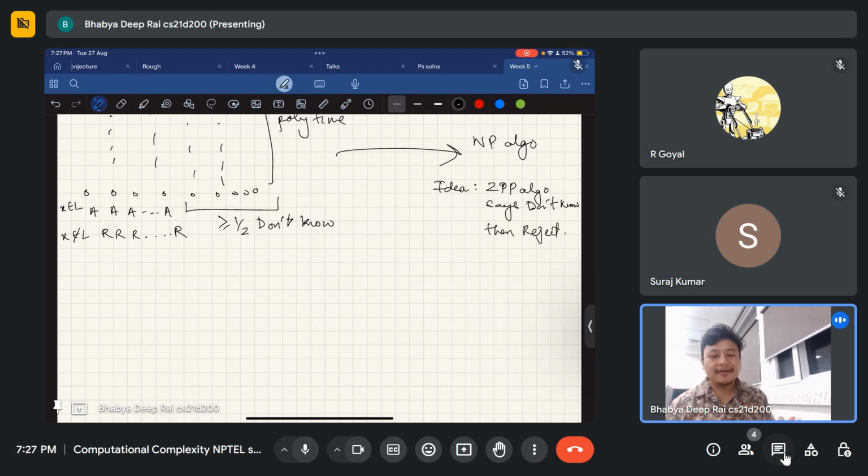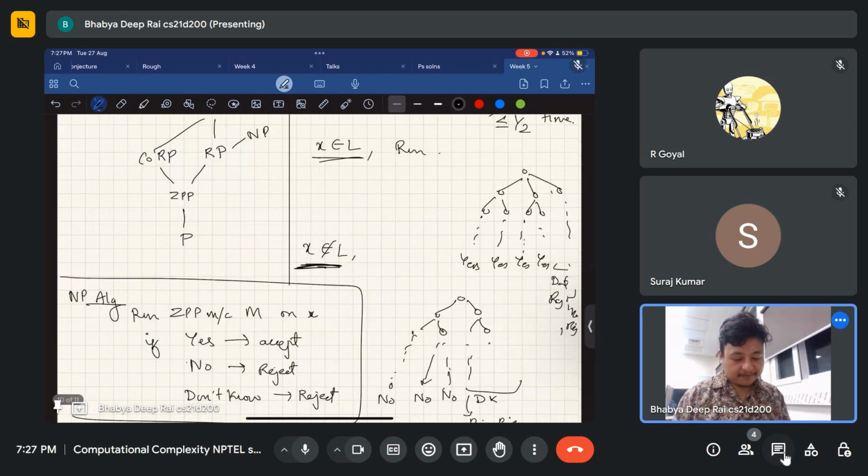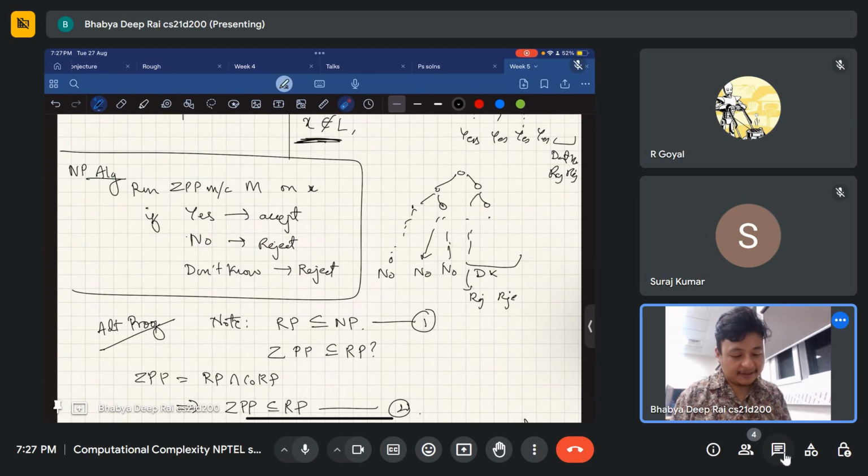So here is the algorithm. Just simply run the ZPP machine on X. If it says yes, accept. If it says no, then obviously reject. If it says don't know, which is the problem case, we say reject.